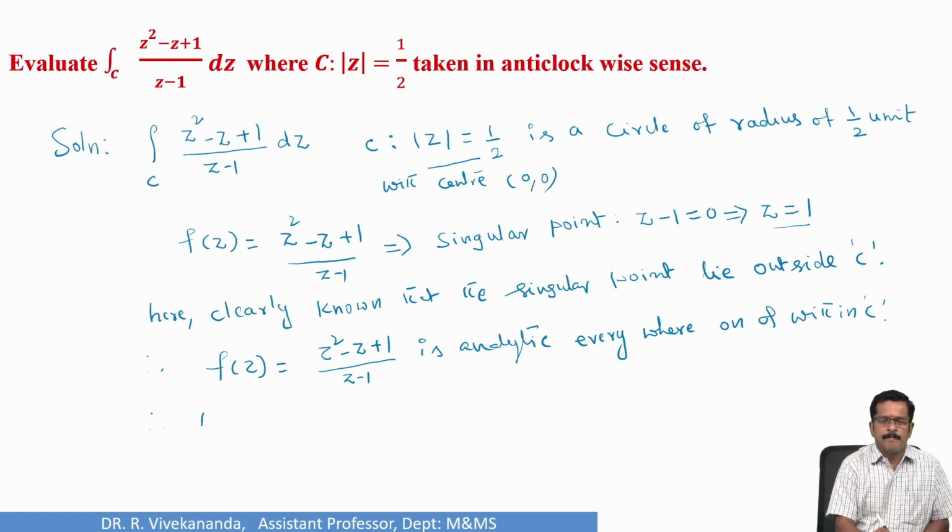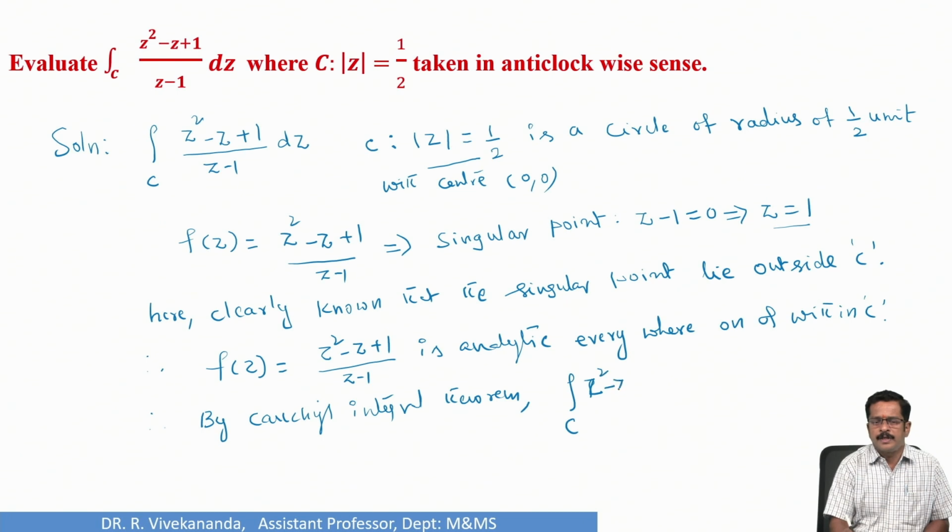Therefore, by Cauchy's integral theorem, integration over C of (z square minus z plus 1) by (z minus 1) into dz is going to be 0.